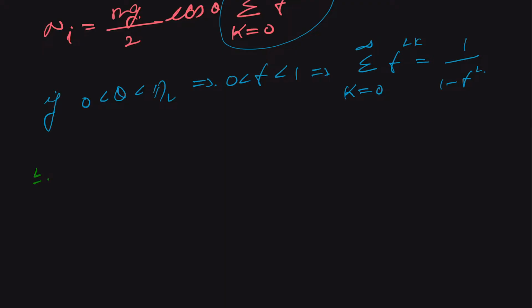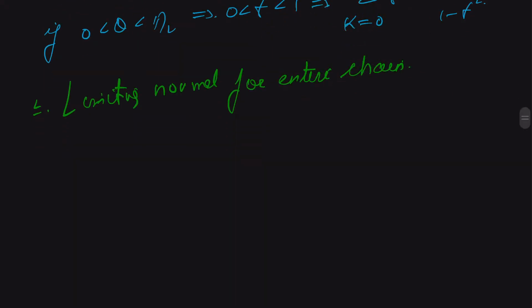So we can say limiting normal for entire chain, and therefore we can write our N is equal to limit i tends to infinity, and this is our N of i.